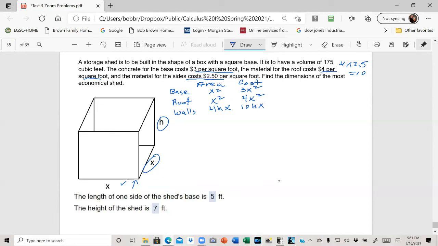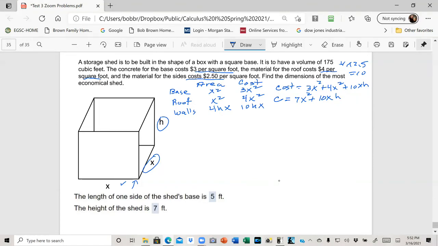So the total cost is 3x squared plus 4x squared plus 10hx, or 10xh. So we have a cost function C equal to 7x squared plus 10xh.